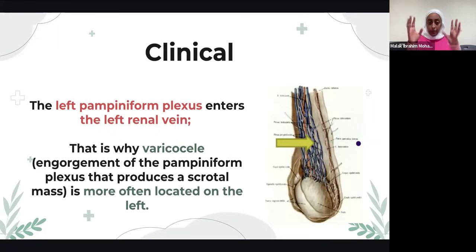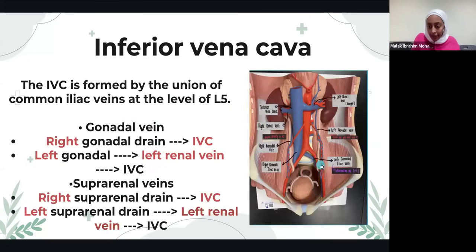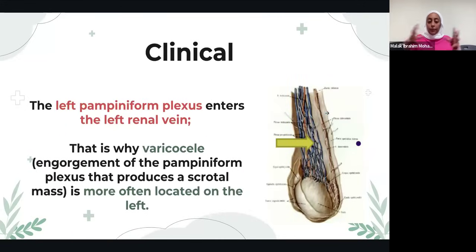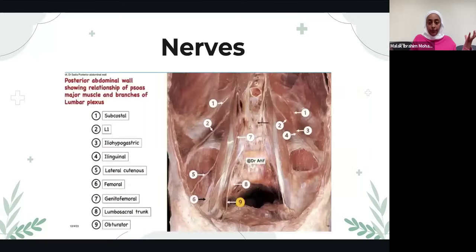By this mechanism, it's the most common location where a varicocele happens. What is a varicocele? It's when this pampiniform plexus gets enlarged. If we look at it here, this is the pampiniform plexus, which is the left gonadal vein. And since the left drains into the left renal vein and then the inferior vena cava, it's most likely that the left side is the one that's going to get enlarged, which is the varicocele.